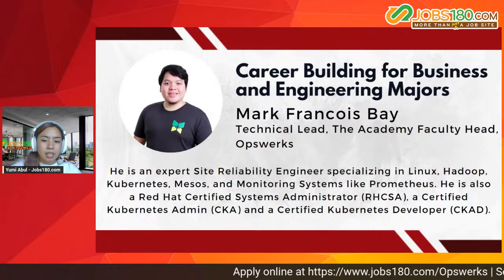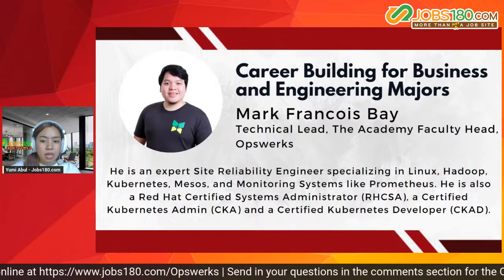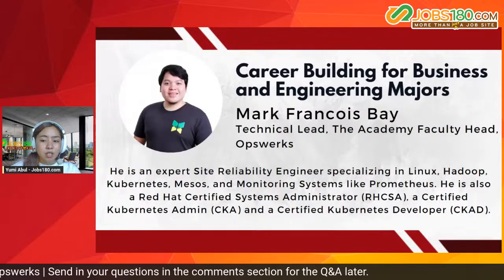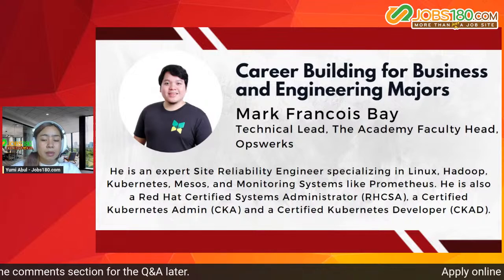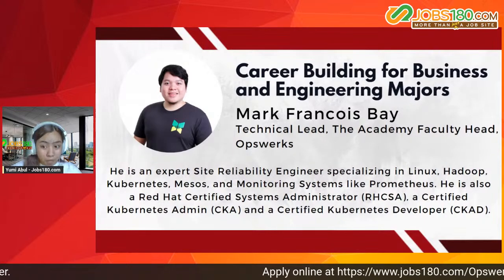He is an expert site reliability engineer specializing in Linux, Hadoop, Kubernetes, Mesos, and monitoring systems like Prometheus. He is a Red Hat Certified System Administrator, a Certified Kubernetes Administrator (CKA), and a Certified Kubernetes Application Developer (CKAD).